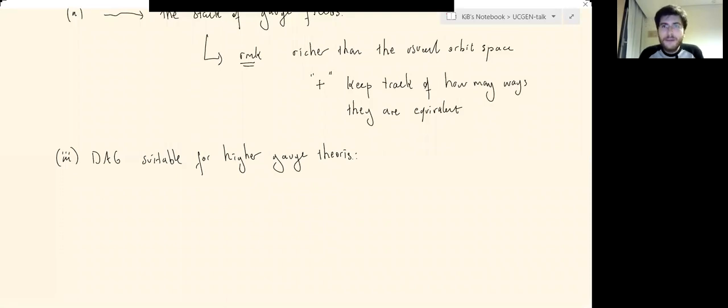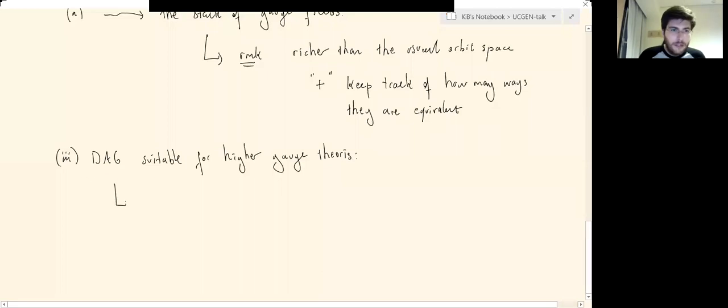transformations. Okay, now you ask for further information, gauge transformations of gauge transformations of gauge transformations. For instance, you have now an infinite tower of equivalences, but we know a very natural framework to capture such an infinite tower of equivalences, right? So let me write it down.